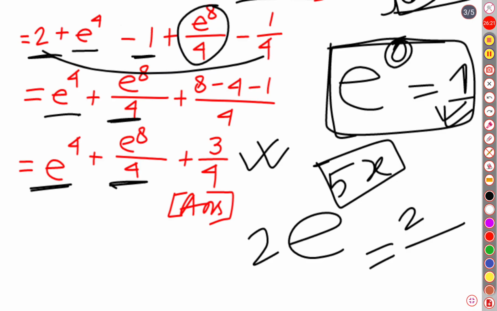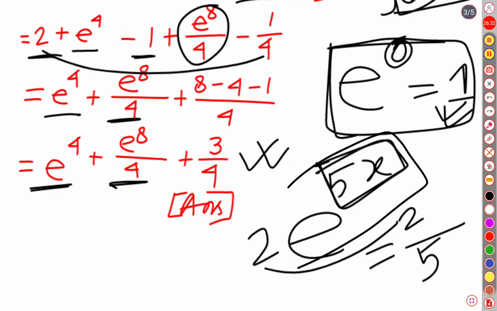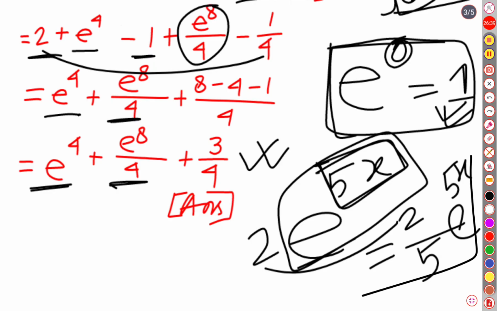Then after finding the derivative of 5x, we will divide. Then this exponential function will exactly remain unchanged. That is how we have found the integration of this question. Let's move on to the next question.